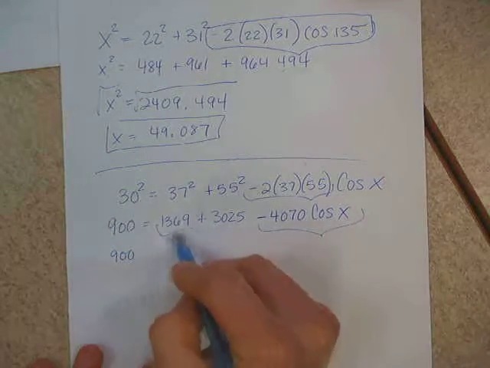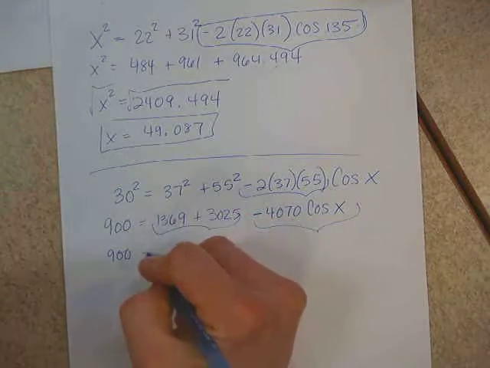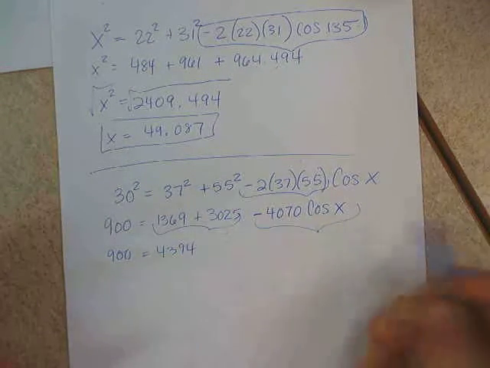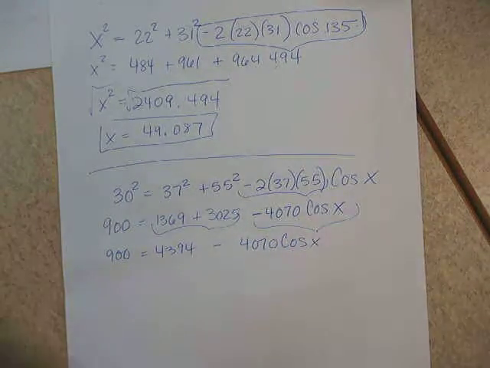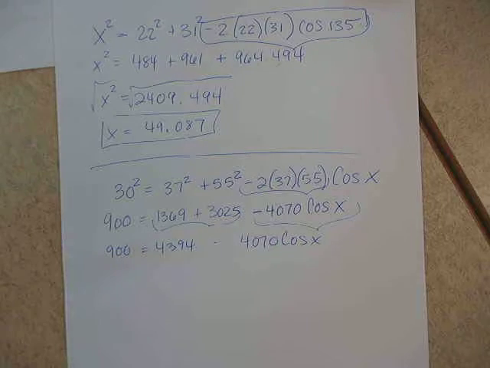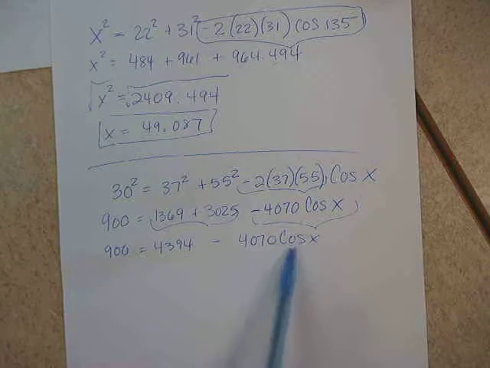So what we're going to do is we're going to subtract this and subtract that. If you want to add them together first, that's fine. So we're going to do this next. 1369 plus 3025 is 4394 minus 4070 cosine of x.